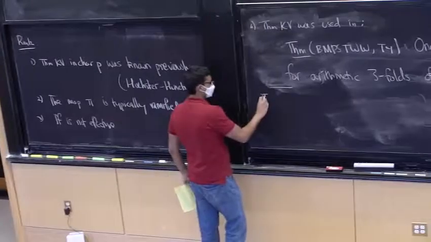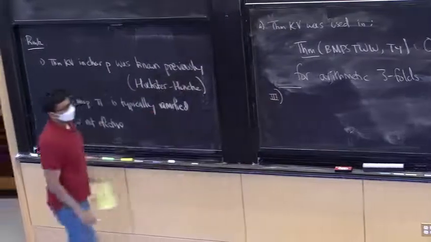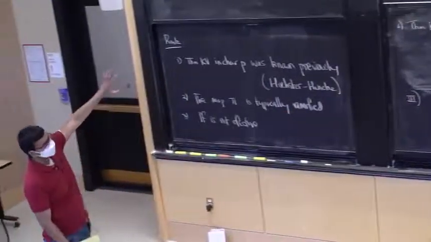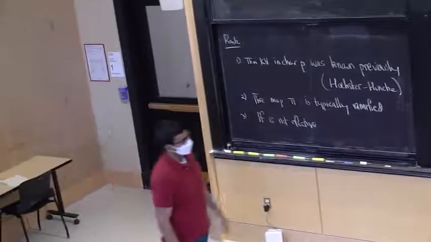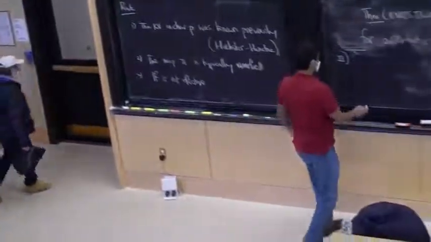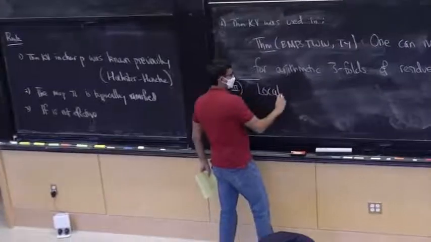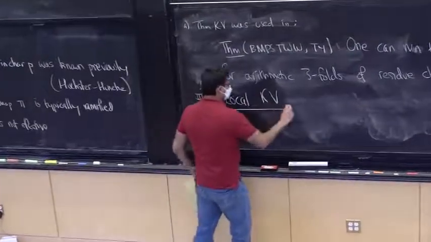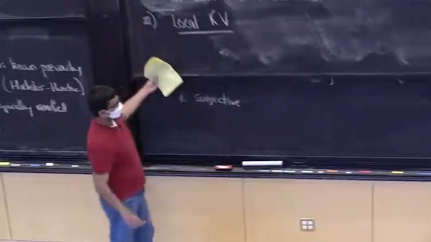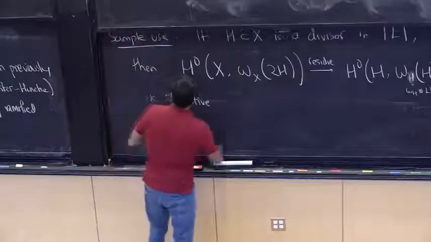Okay, so what I want to do first is translate this statement into just some statement about local rings. And there's a standard way of doing this. I'll just try to explain this using a picture.